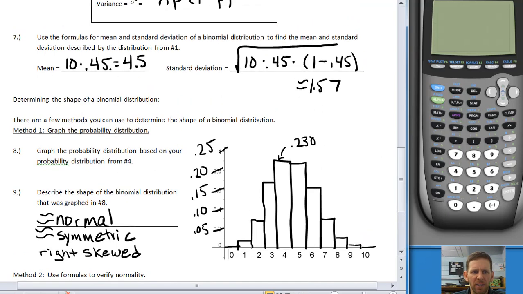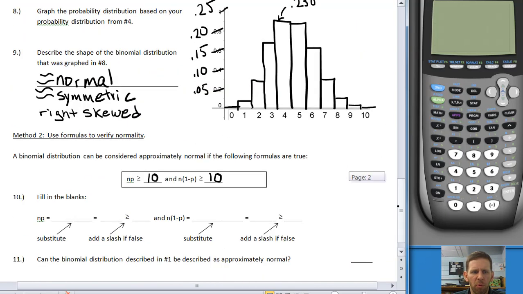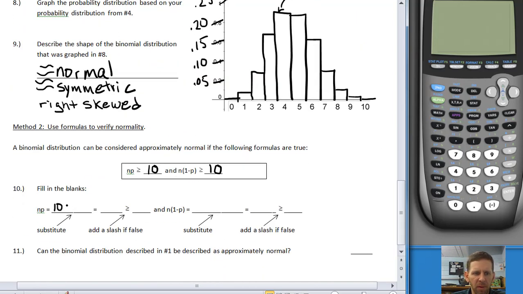In our problem, we've already calculated n times p. That was our mean. 10 times 0.45 was 4.5. And if we're comparing this versus the number 10, 4.5 is definitely not greater than or equal to 10. So we're going to draw a line through that. Officially, we'd also check to see if n times 1 minus 0.45 would work.